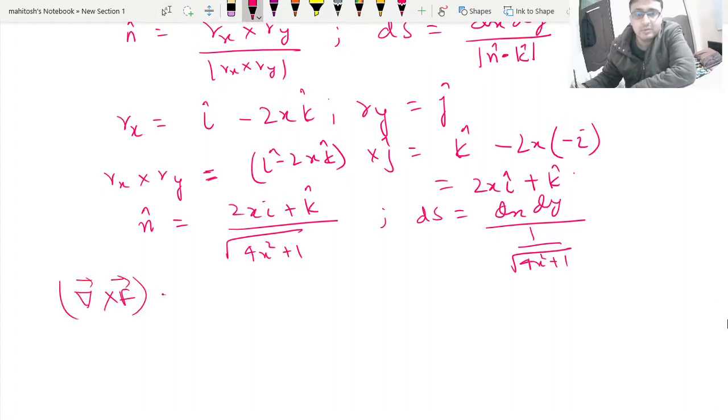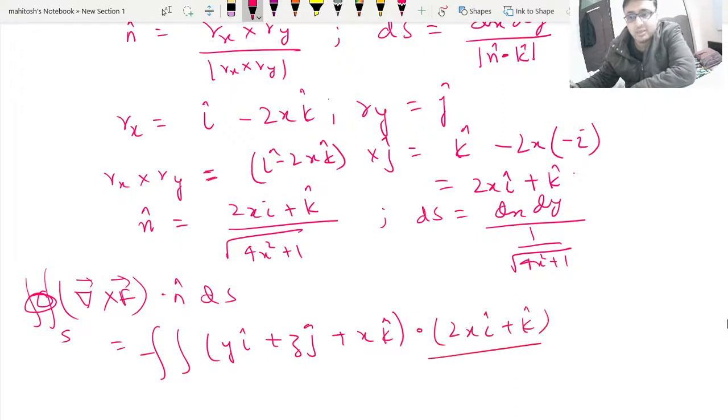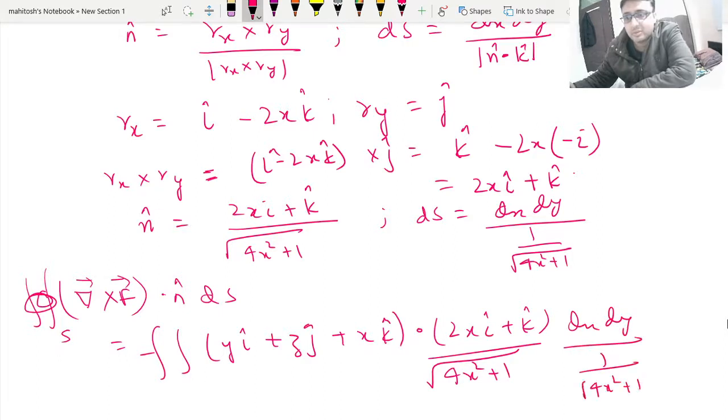Okay, all of these values, you remember this is minus sign, this is your y i cap plus z j cap plus x k cap, right, dot 2x i cap plus k cap upon root of 4x square plus 1 into dx dy times root of 4x square plus 1.